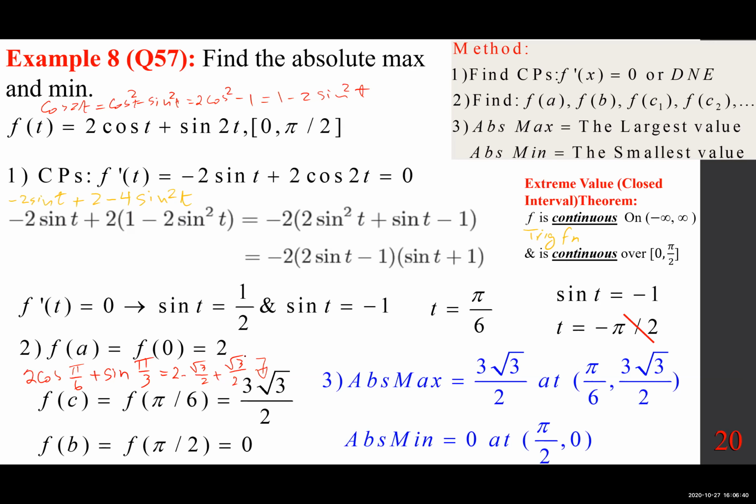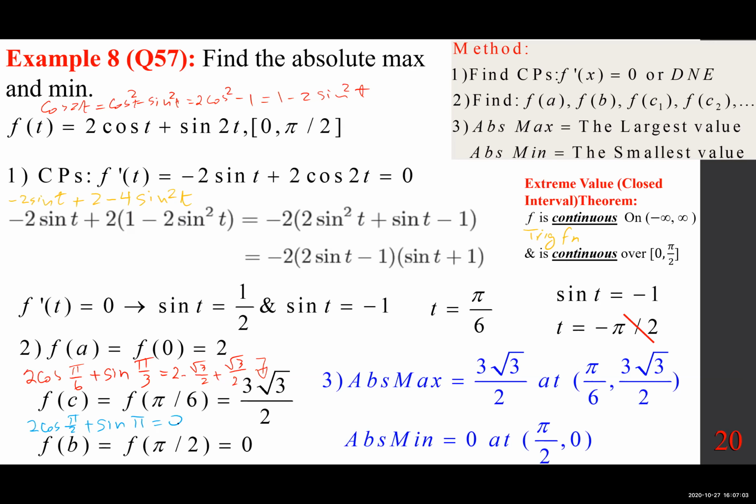Now f of b equals f of pi over 2. Let's also do this one with a different color. For this one it is 2 cosine of pi over 2 plus sine 2t, sine of pi, everything is 0.